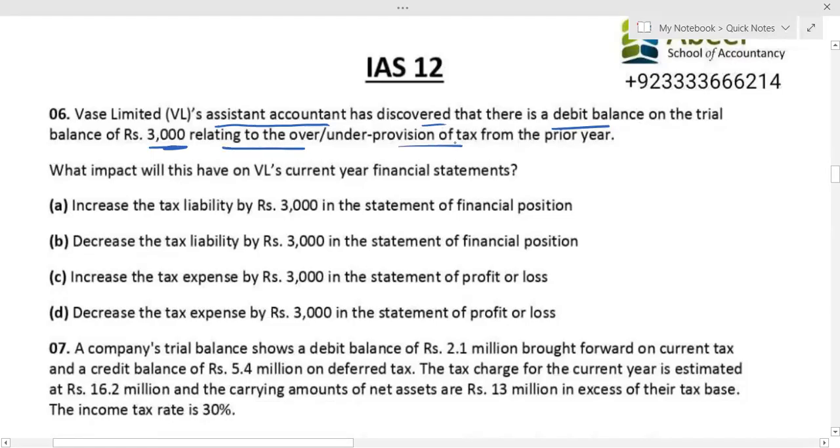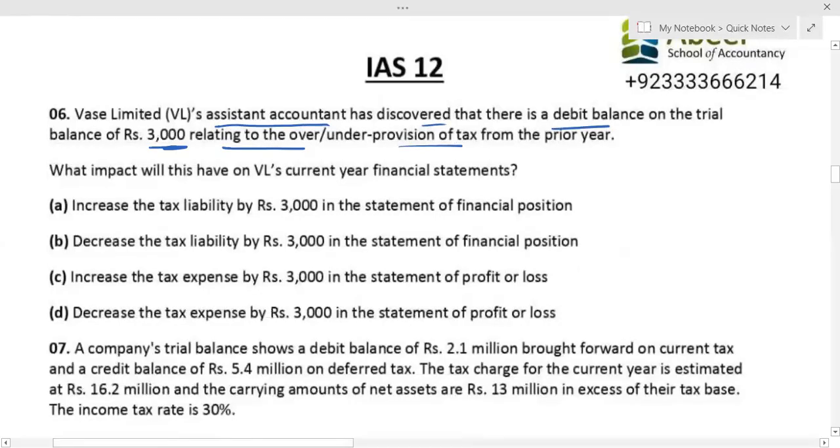Debit balance is under provision, and I'll repeat: under provision increases your current year income tax expense without having any impact on your current year liability.